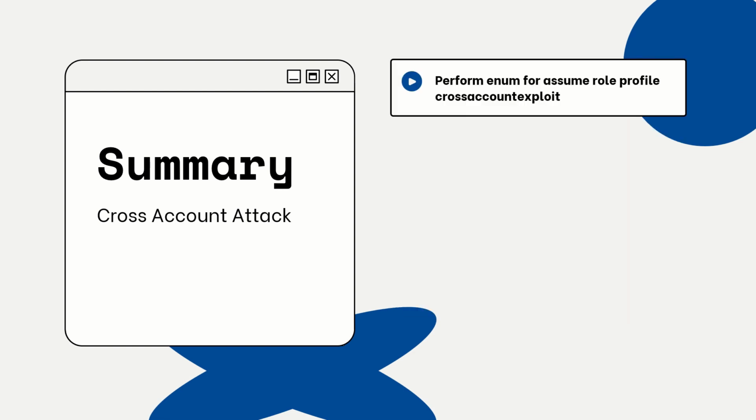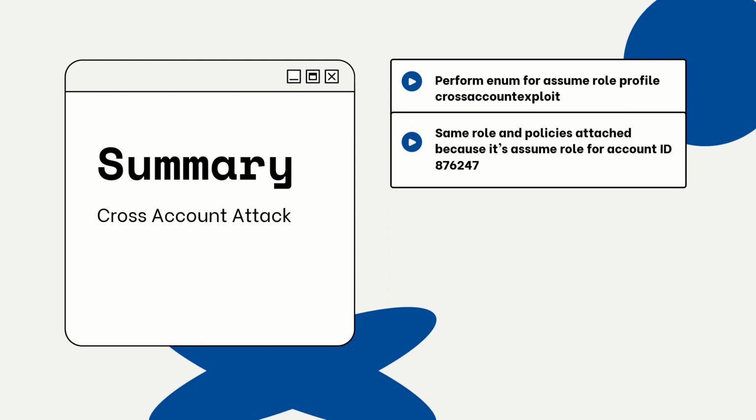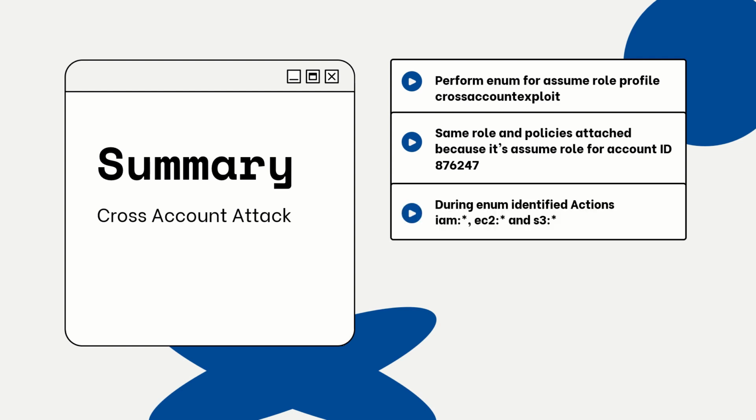So it is the same role and the policy attached, because the assume role is for the account ID 876247. So in that profile, we assumed the cross-account role. And we have policies like IAM star, EC2 star and S3 star, meaning we are capable of creating a new persistent user.